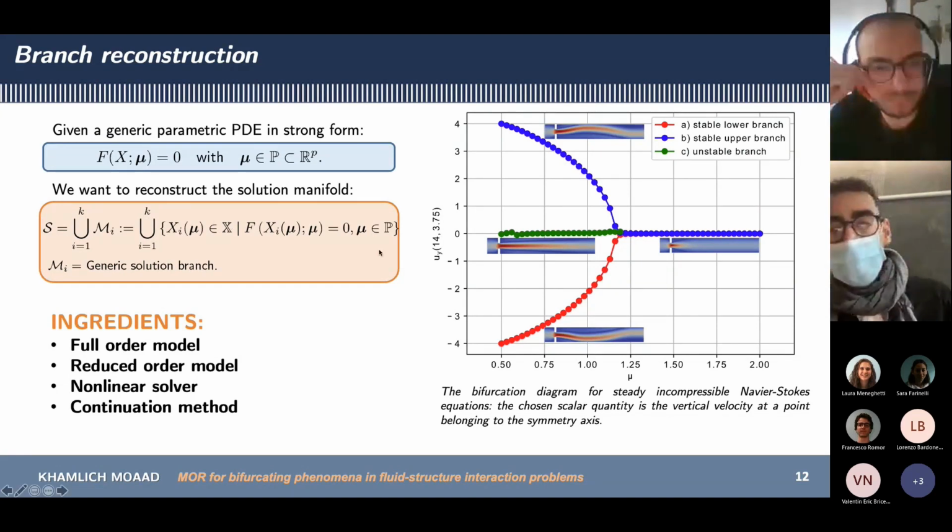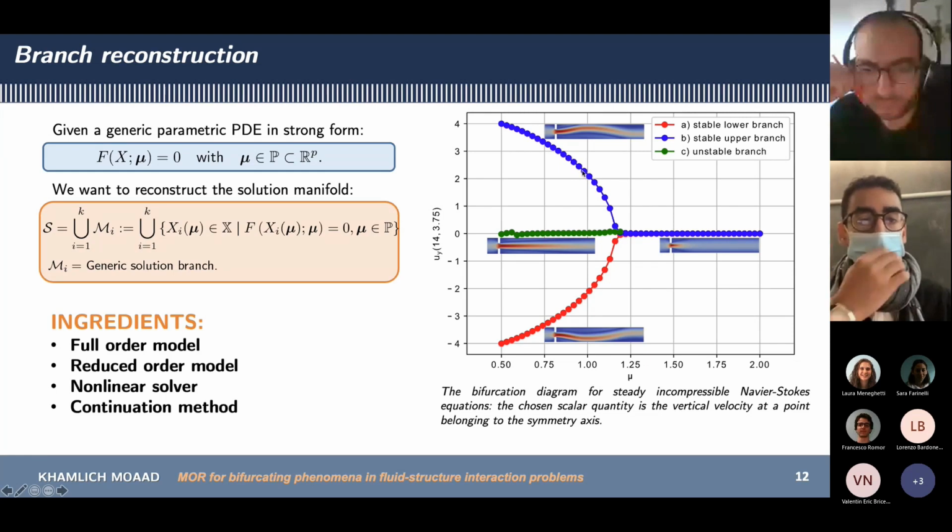But we want to be able to follow a prescribed branch.